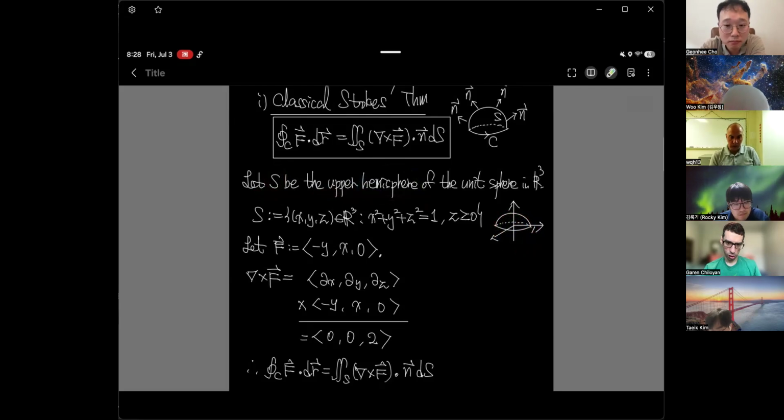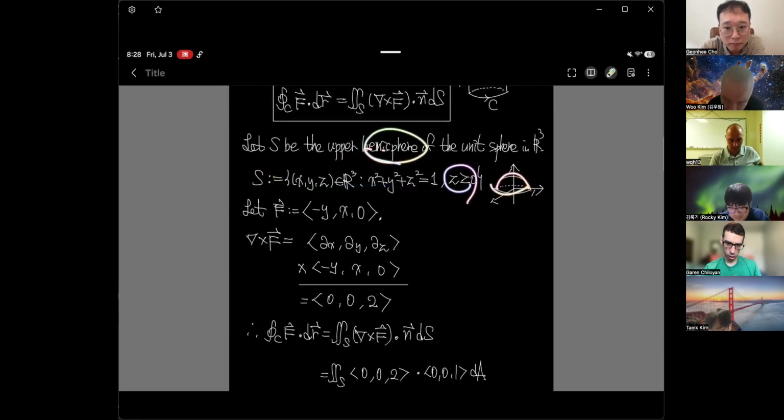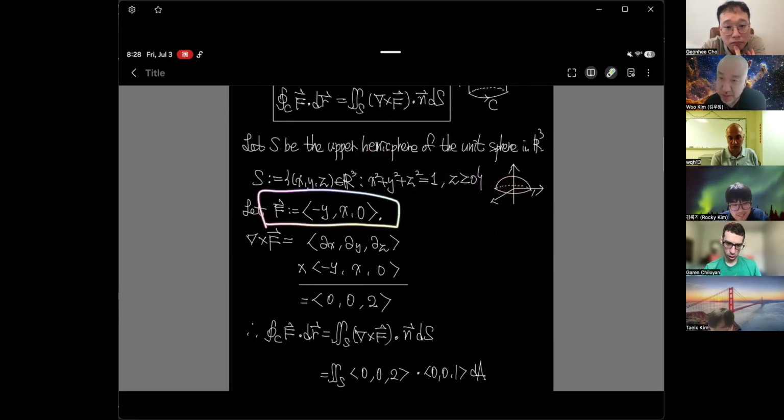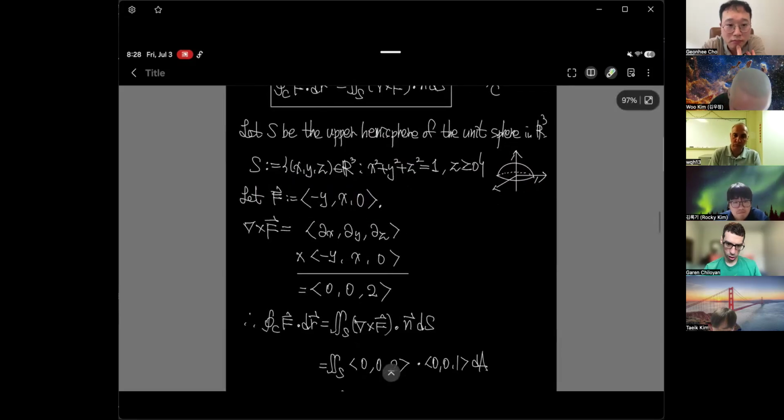We have the same vector field, but in R3, so I set the z coordinate to 0. By the way, this notation means vector notation, not the inner product.